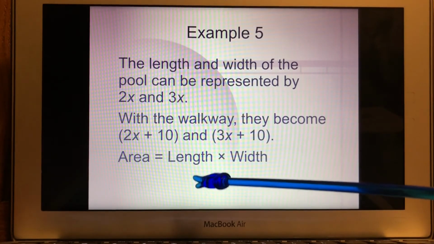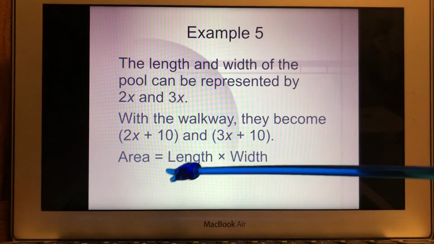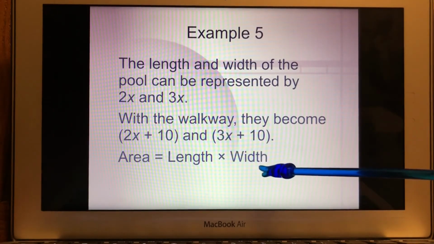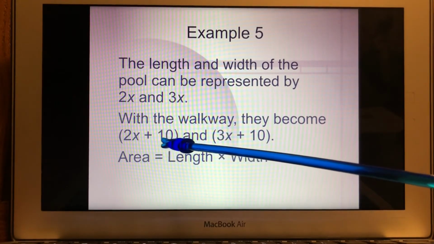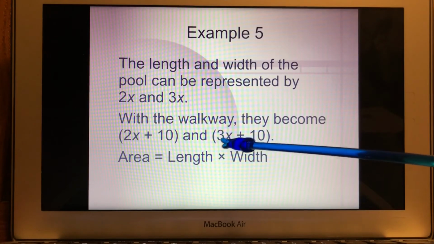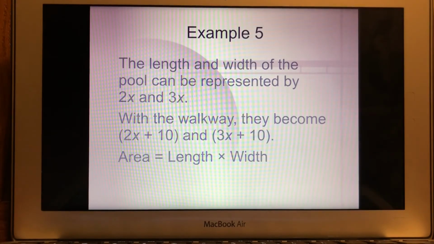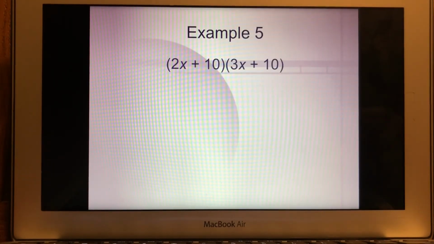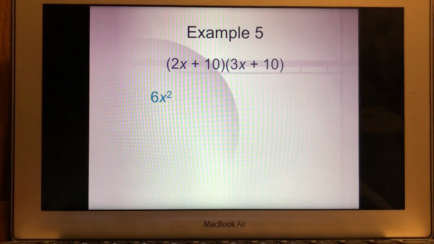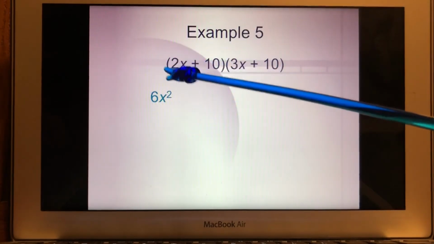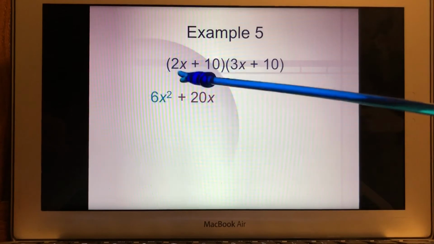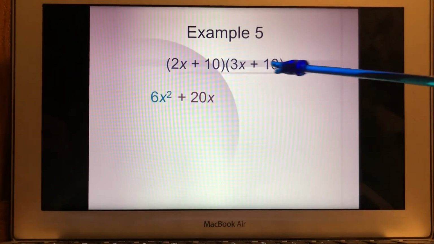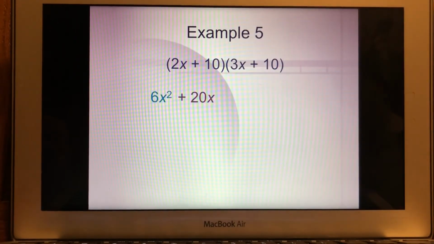You'll see the diagram in your book on page 386. The area is the length times the width, but here's the new length, 2x plus 10, and the new width, 3x plus 10. So we multiply just like we do with all the other binomials, starting with the first terms. 2x times 3x gives me 6x squared, plus the outside terms, 2x times 10, which gives me 20x.